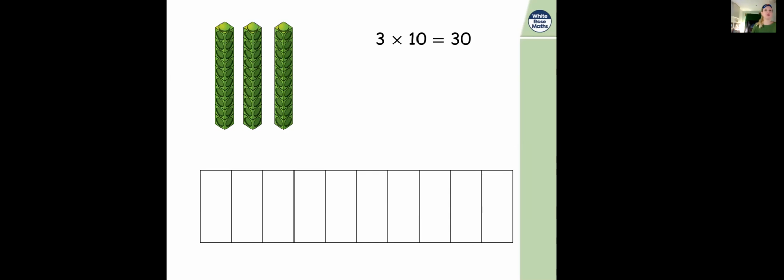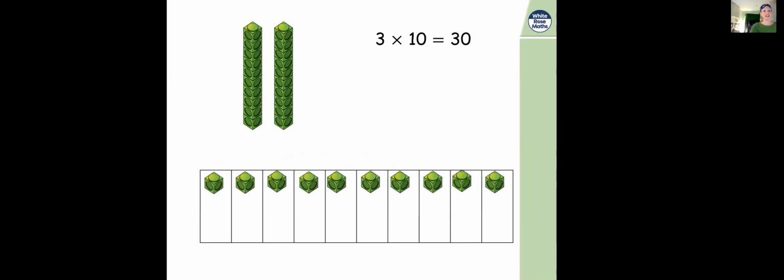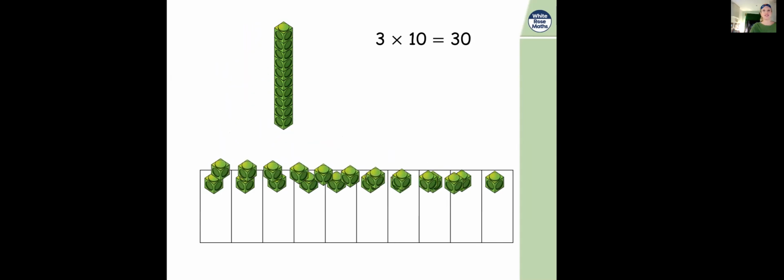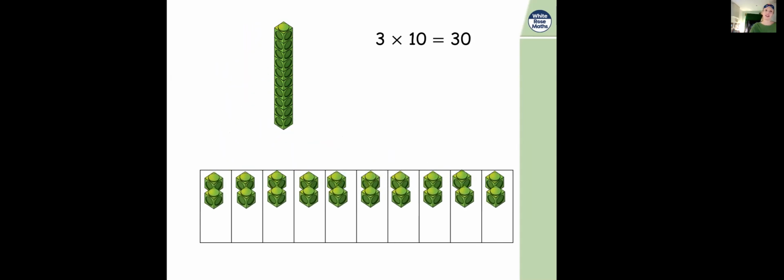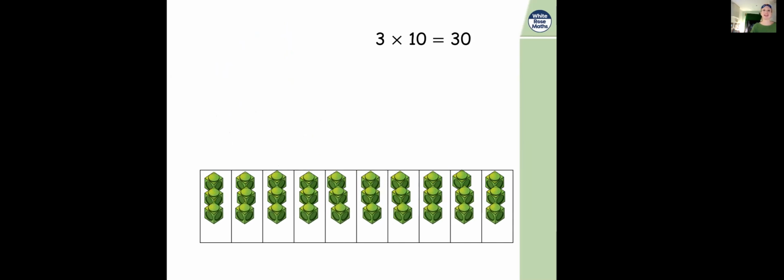Now we're going to share those. We've still got our sharing areas below, and there's 10 of those still. So with our 30, let's share them equally in the groups below. In goes the first stick, in goes the second stick, and in goes the third stick.